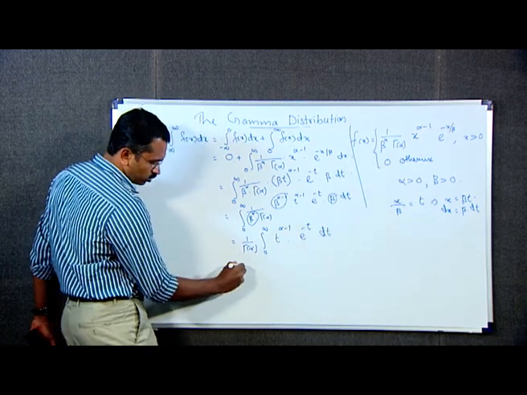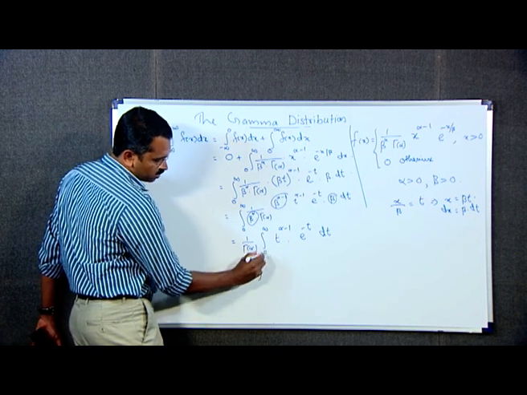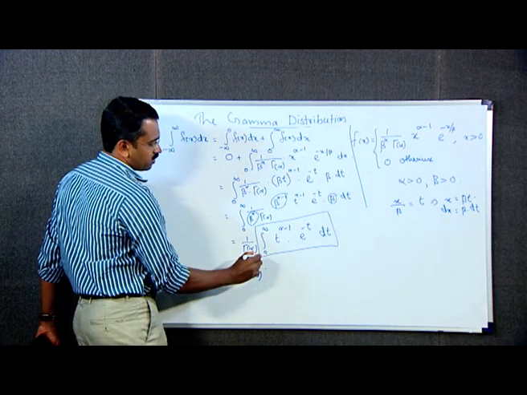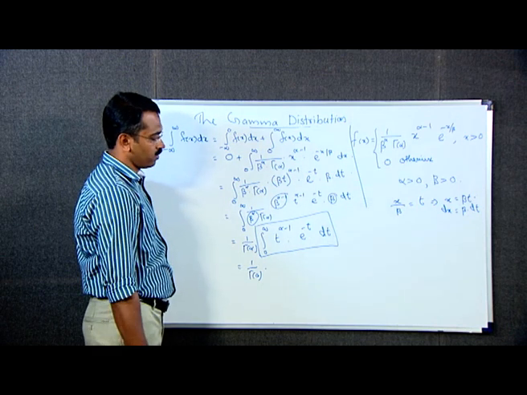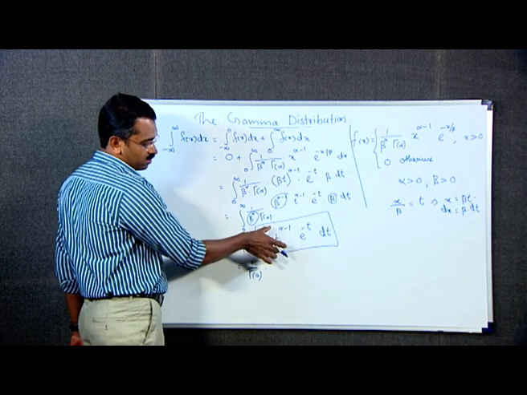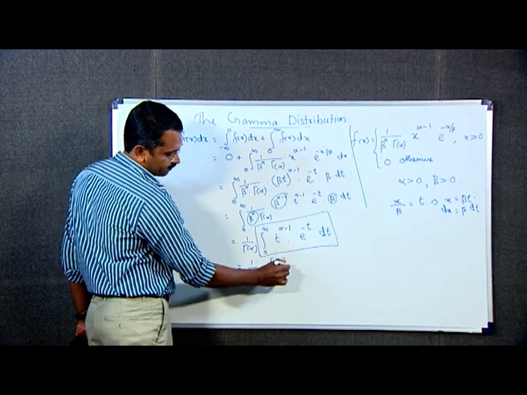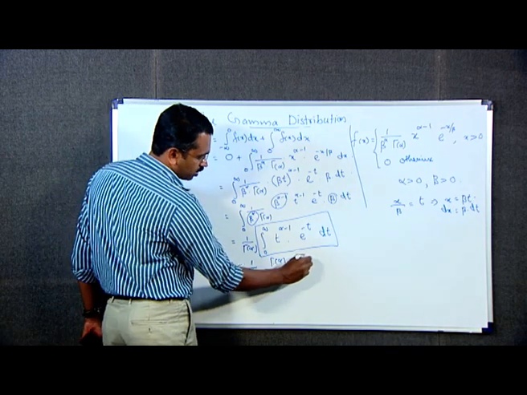which is equal to 1/Γ(α) times this integral, which is Γ(α) by the definition of the gamma function. Γ(α) divided by Γ(α) is 1.